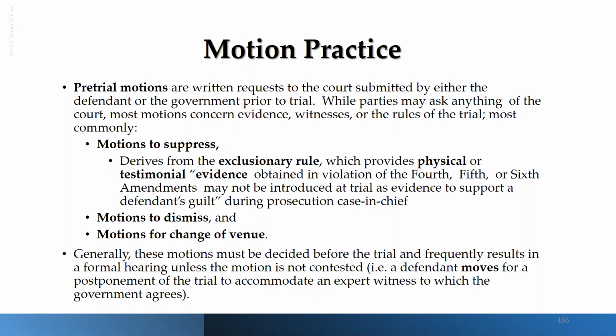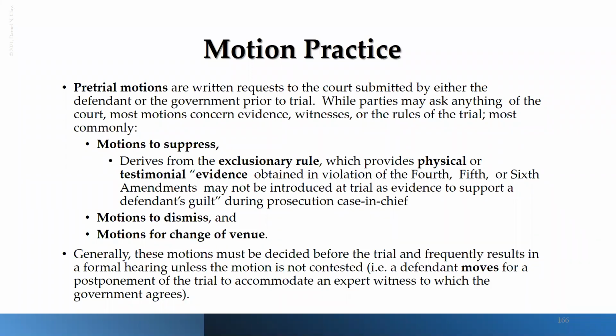Another one that you'll see, and again, it's not as often, but especially in high profile cases or cases that are very severe, so definitely homicides and related cases, you're going to see probably a motion for a change of venue. So the idea behind the motion for a change of venue is you're still on trial, you're still charged with the same charges, but you as the defendant say, yes, under the Constitution, I have the right to be tried in the jurisdiction in the state and the district in which I committed the crime or allegedly committed the crime.